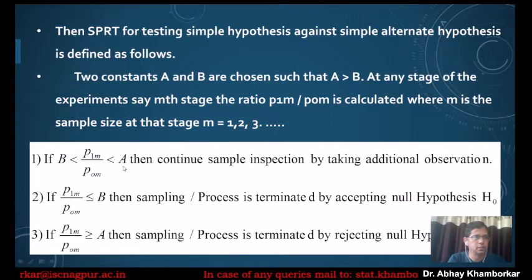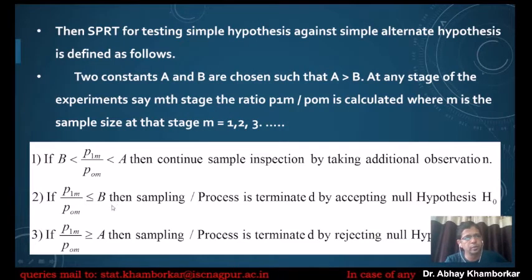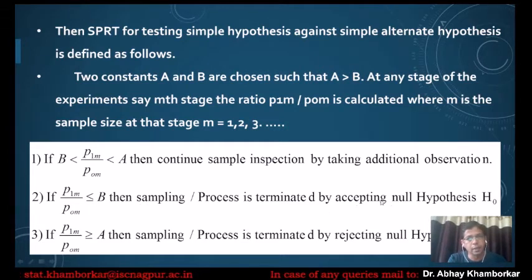On the other hand, if the ratio p1m upon p0m is less than or equal to B, then the sampling process is terminated by accepting the null hypothesis H0. So if this inequality holds, p1m upon p0m less than or equal to B, then the process will be terminated, no doubt about that, but by accepting the null hypothesis H0.